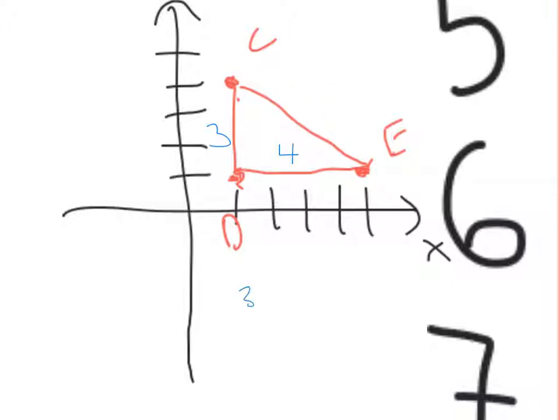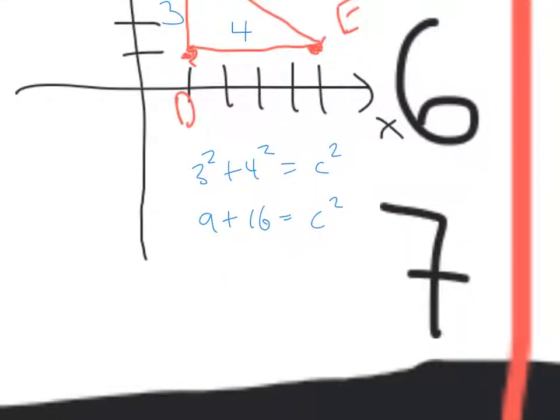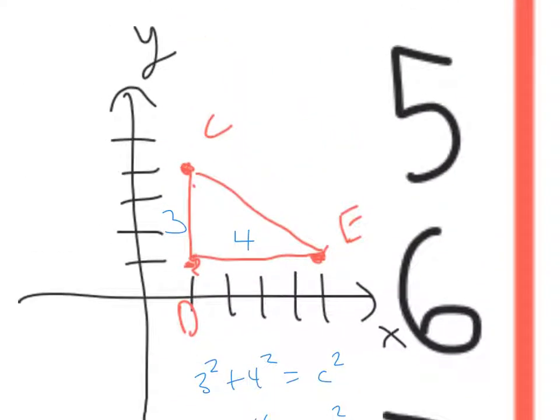So it would be 3 squared plus 4 squared equals c squared. This would be 9 plus 16 equals c squared. And you get 25 equals c squared. Take the square root of both sides, and you get c equals 5. Okay. So this side length here is going to be 5.